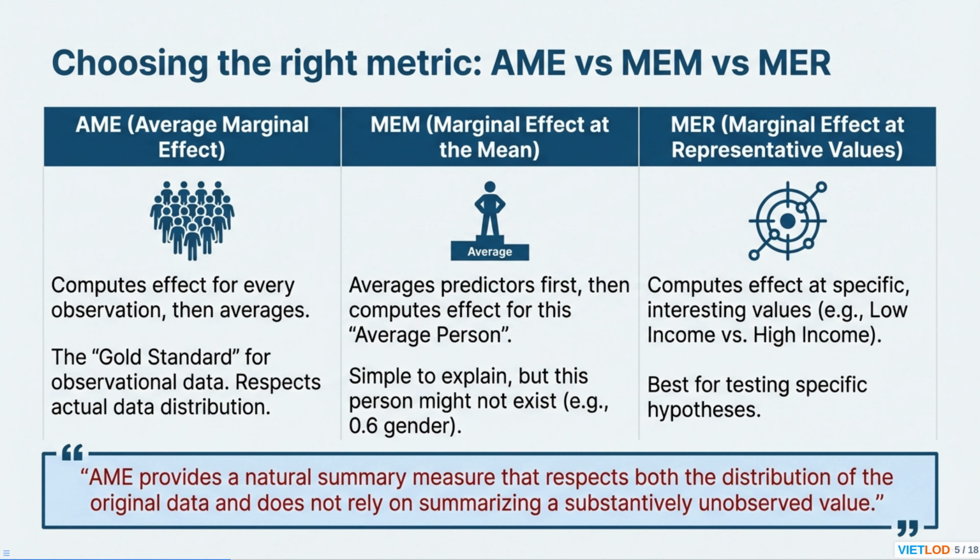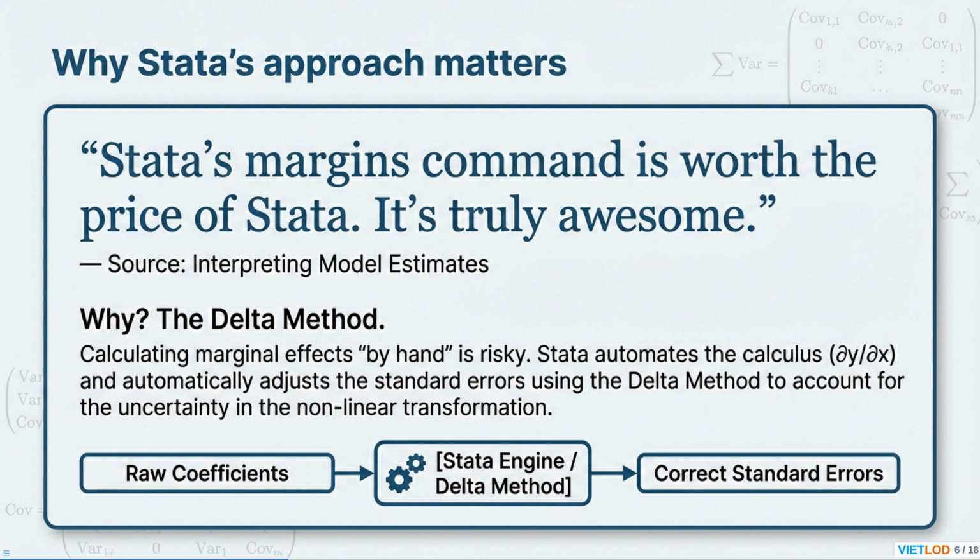Here, you compute the effect at distinct chosen values of your variables, such as comparing effects for low-income versus high-income individuals. This reveals how the effect changes under different conditions. AME, as noted, provides a natural summary that respects data distribution. With these definitions clear, let's now briefly delve into the underlying mathematics Stata uses.